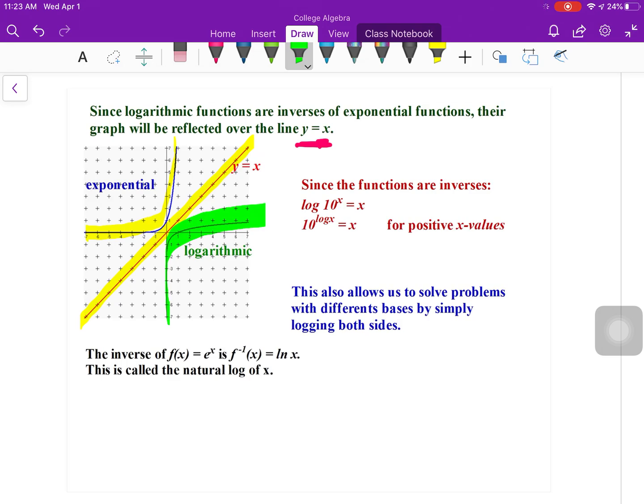Notice how these are true reflections over y equals x. So that means that they are the inverse of each other. That is why logs find exponents. So the inverse to e to the x would be ln x.